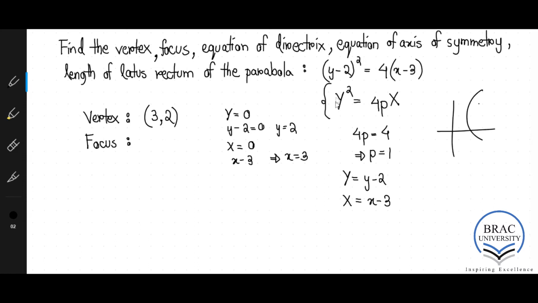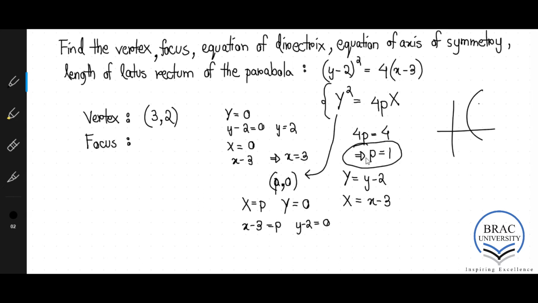The focus has the form, if you remember, (p, 0) for the standard case. But in our case, X is equal to p and Y is equal to 0, and we have x minus 3 is equal to p, and y minus 2 is equal to 0. And the p here was 1, we calculated that out.